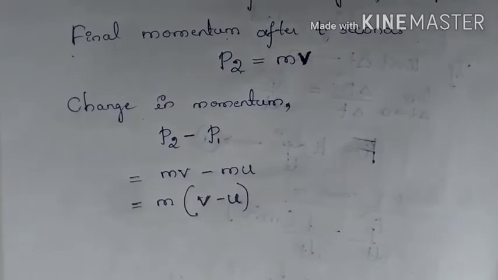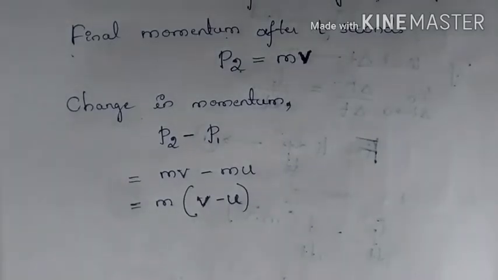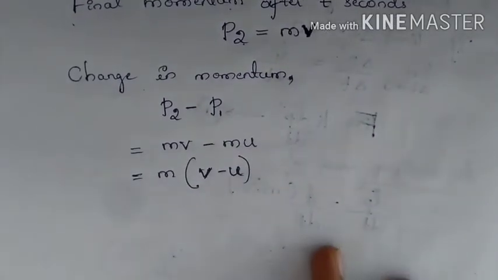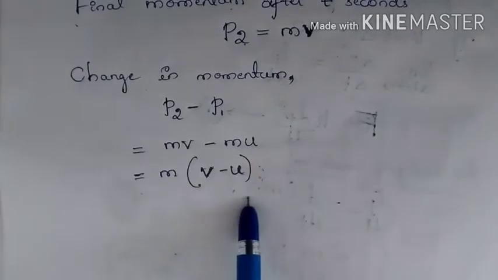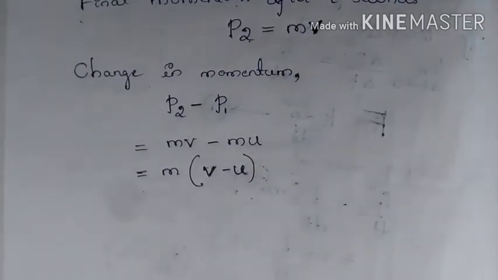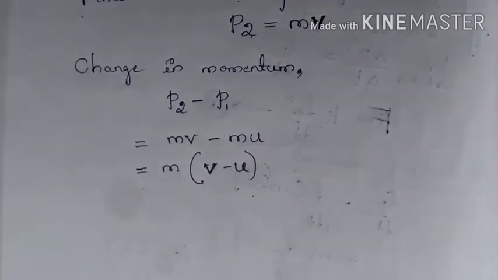Next, let us take the rate of change of momentum. Rate of change of momentum gives us force. So if we need the rate of change of momentum, we have to divide the change of momentum by time t.